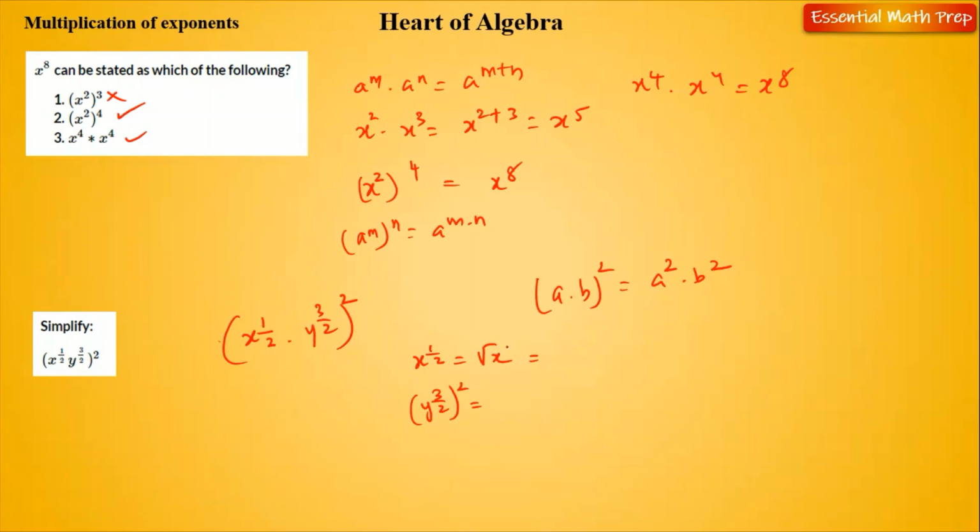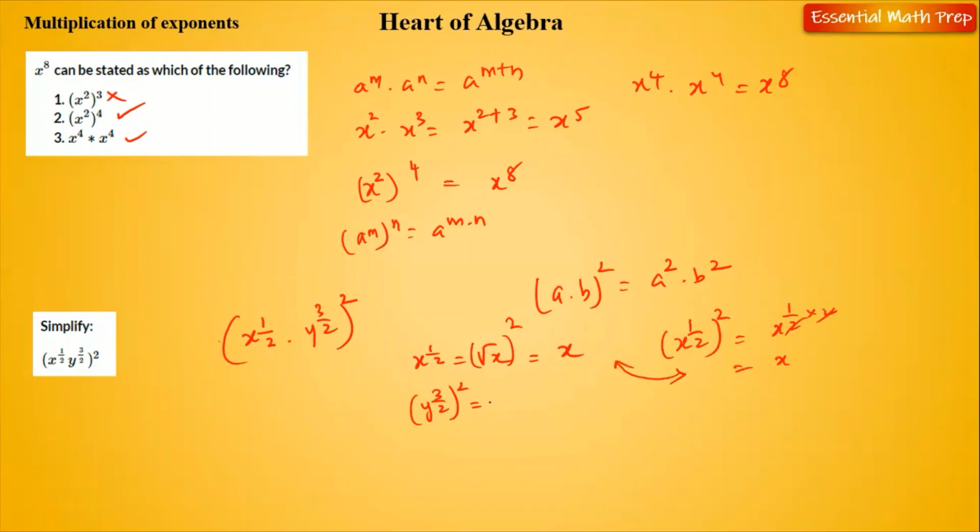If you square this square root, that's just x. I can also show it using the logic with this x: if x power half times 2 is also x. So both work.